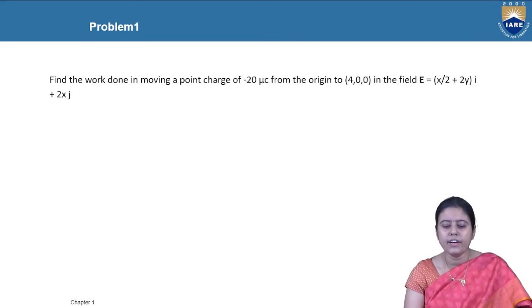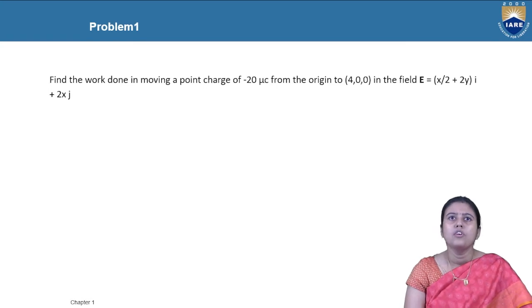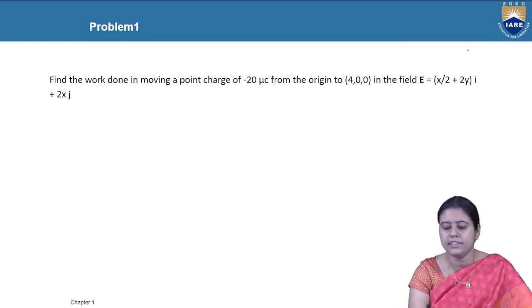Find the work done in moving a charge of minus 20 microcoulomb from origin to (4,0,0) in the field E equal to x by 2 plus 2y i plus 2x j. So what is this? We can think of the i vector and j vector.